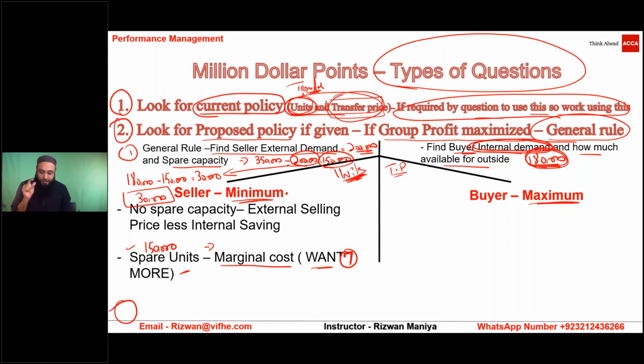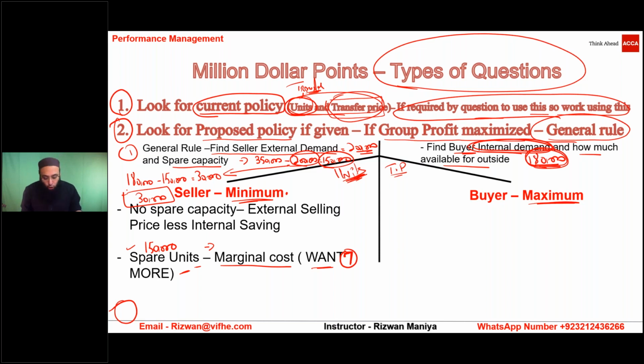So these 30,000 are the ones which are not in spare capacity. And how I came up with 30, I want to give the clarity of that. Because internal demand was 180, I can fulfill 150 through spare capacity and 30 I need to fulfill, and I have only one option, which is to transfer from the external market.